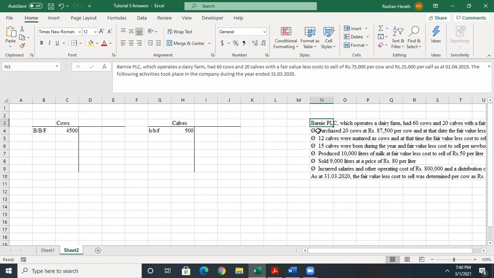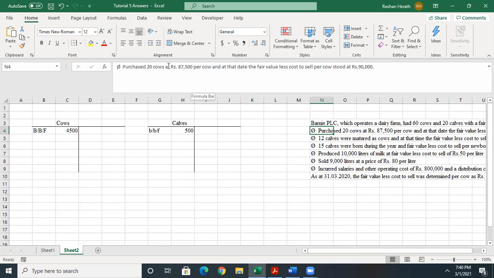Then let's proceed. It says that you purchase 20 cows at rupees 87,500 per cow. And at that date, the fair value less cost to sell is also given. So it's a kind of initial recognition. Initial recognition has to be made at fair value less cost to sell. Then you are given the cost information.